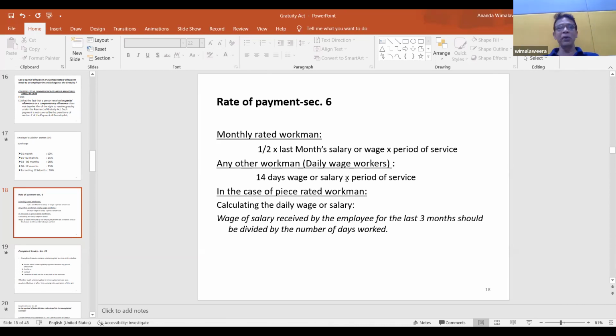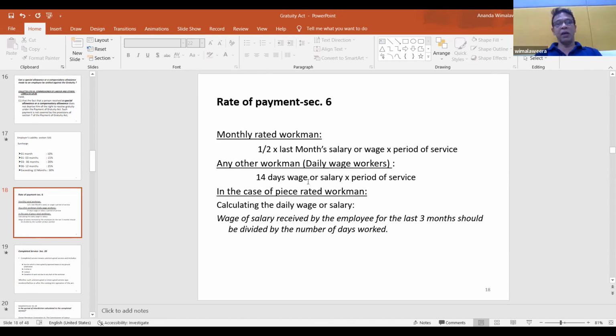That is wrong. What you have to do is take the daily wage and multiply it by 14, and then you will get 14 days salary, instead of half a month, meaning 15 days, and multiply by period of service.